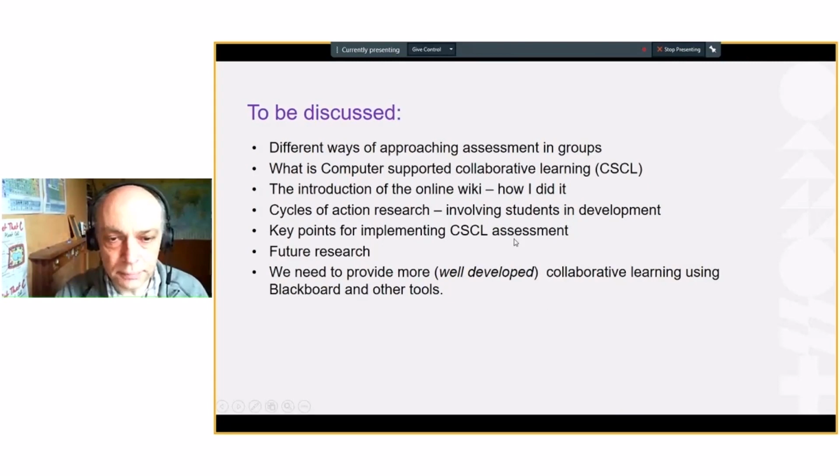Going forward too quickly there. What I'm going to hopefully develop is key points around computer-supported collaborative assessment using online technologies, some future research possibilities that I've identified, and summarising that we need to provide more well-developed collaborative learning using Blackboard and other tools, particularly appropriate, I think, at the moment when we're in this COVID-19 pandemic, and we need to think about using online tools on an individual basis for students, but particularly when we're trying to encourage students to collaborate to provide this sense of community of practice that we need to engender in students.